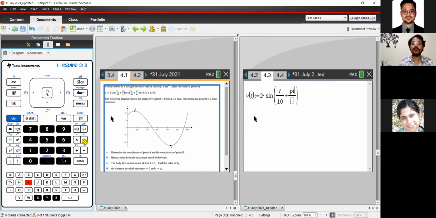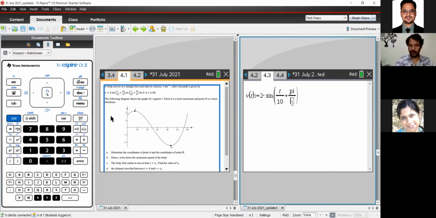If you don't want to go into the pi key, pi is very easy to write as well, because you can see p and above it i, so pi both are there above each other.